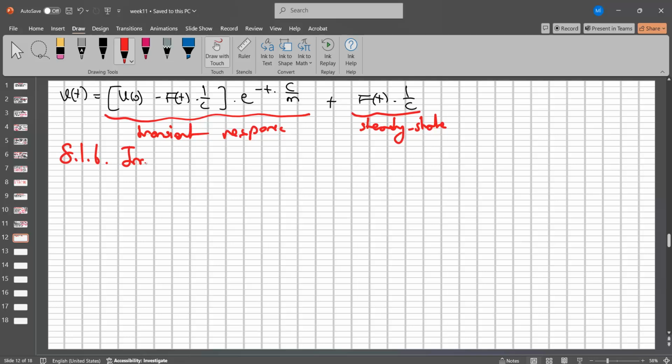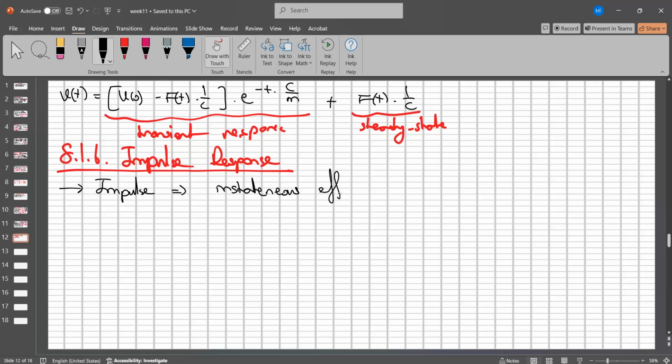Six, the impulse response. What's the meaning of the impulse? It's the instantaneous effect on the system.